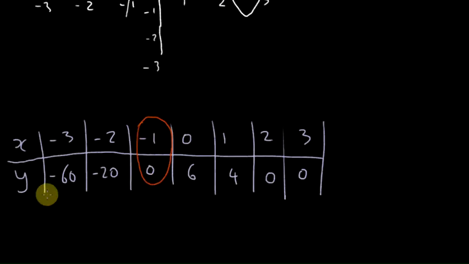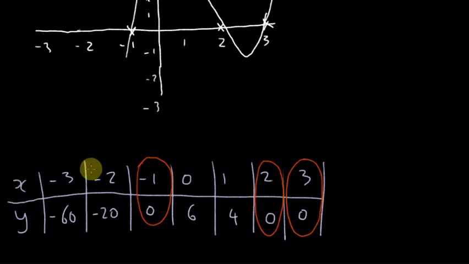And we also got 0 here, and we got a 0 here. So when y equals 0, we got a 2, and we also got a 3. x equals -1, x equals 2, x equals 3, and that's what we see here. This point here is over here, here is over here, and here is over here.